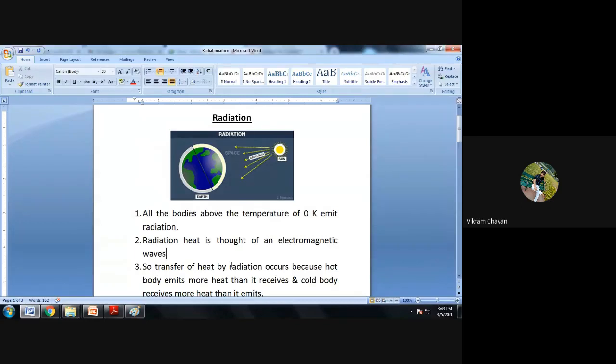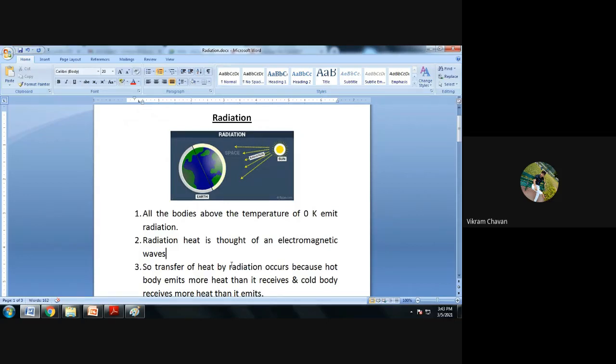If two bodies have different temperatures, which means they are not in an equilibrium state, one is hotter and one is cooler. In that case also, the hotter body emits radiation and the cooler body also emits radiation, but the rate of emission is more from the hot body and less from the cooler body.